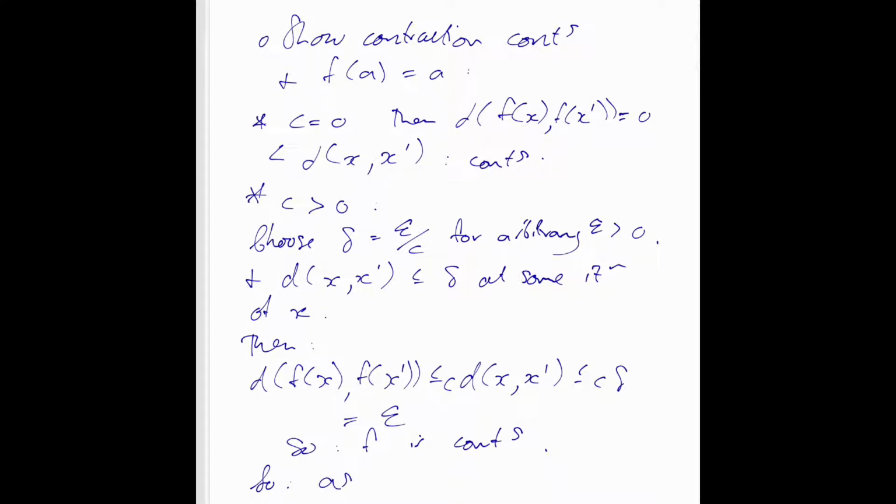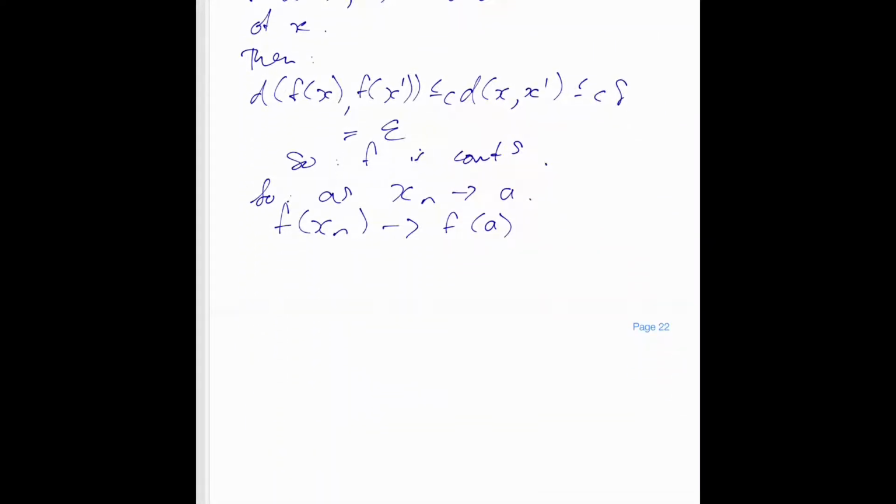Now, as the xn terms converge to a, then the f of xn terms will converge to f of a. We know that because f is recursive, f of a will also be the xn plus 1 term.